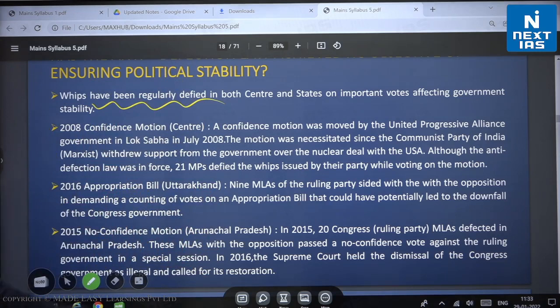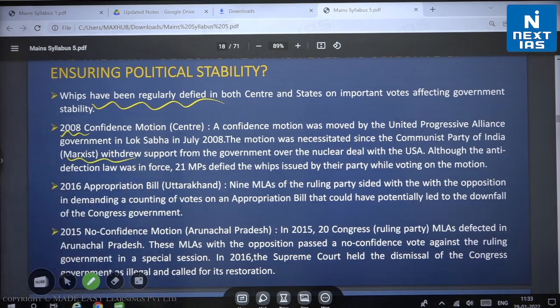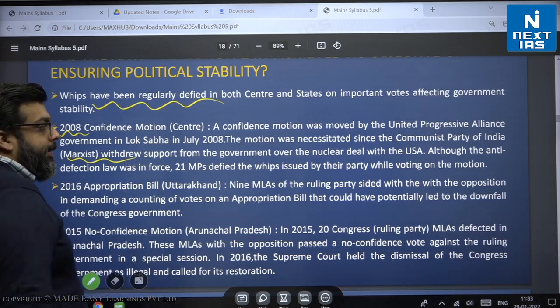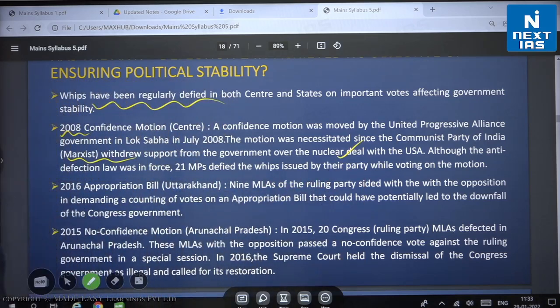Okay, in 2008, a confidence motion was moved by the Congress party because the Communist Party of India, Marxist, had withdrawn support from the Congress. This was during Manmohan Singh's time, where we had signed a nuclear deal with the US, and Manmohan Singh said nothing doing.